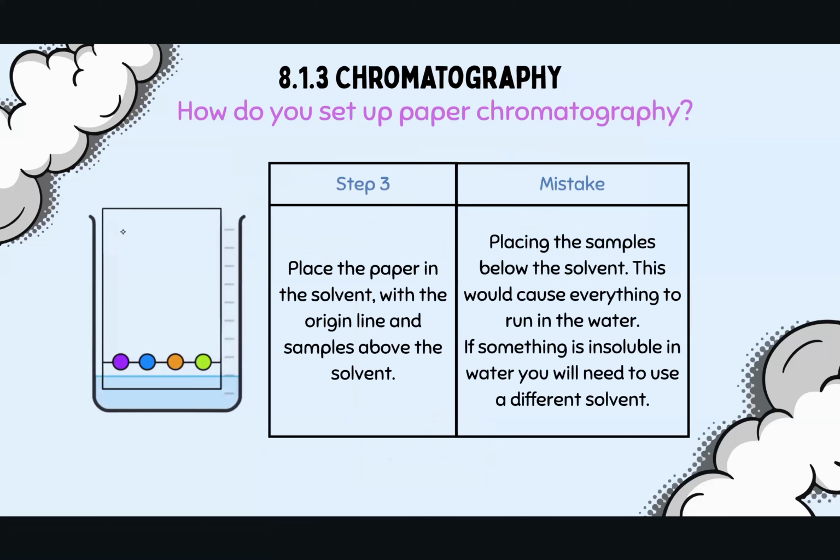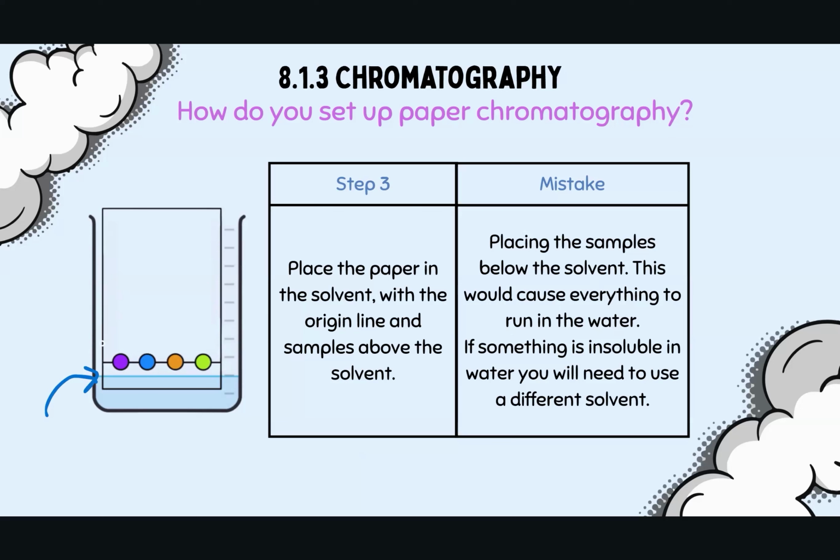Then you place the paper in the solvent with the origin line and the samples above the solvent. So if you look here, the solvent is below the paper line. Placing the samples below the solvent would cause everything to run in the water.